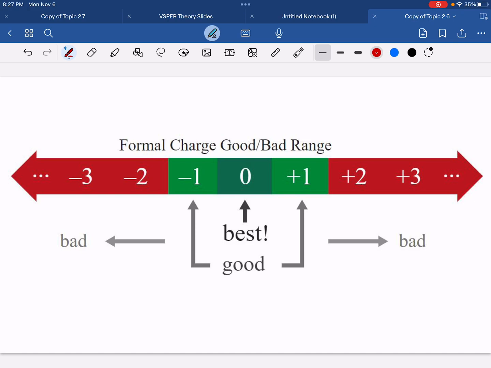So as you're looking at the Lewis structure, you would want to come up with a different Lewis structure. And again, our negatives here should be on the most electronegative atom, because it can pull the electron density towards it.